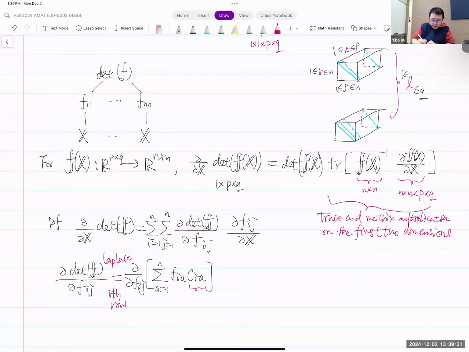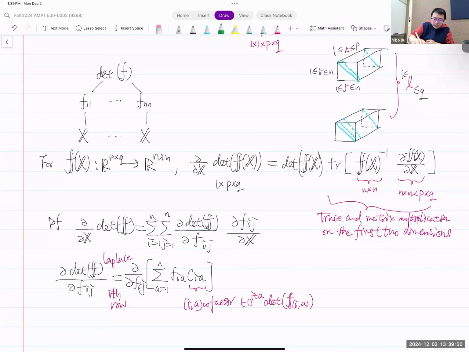And of course, what's C_ia? C_ia is exactly the ia cofactor. If you want to write out the expression, it's (-1) to the i plus a, times the determinant of the ia minor, removing the ith row and the ath column.